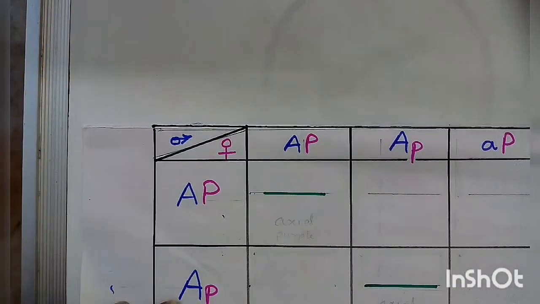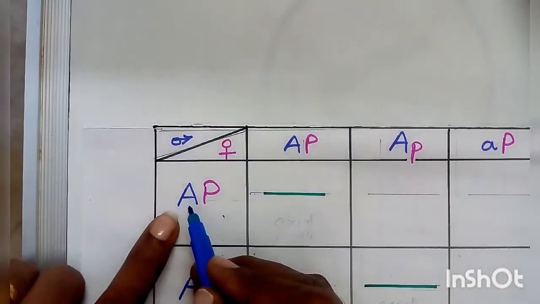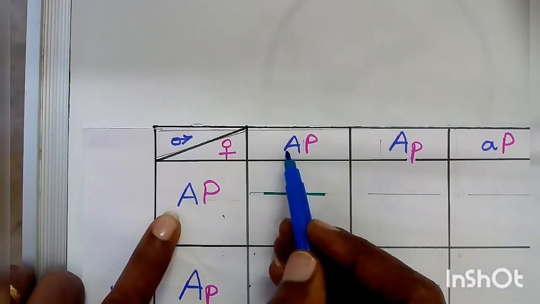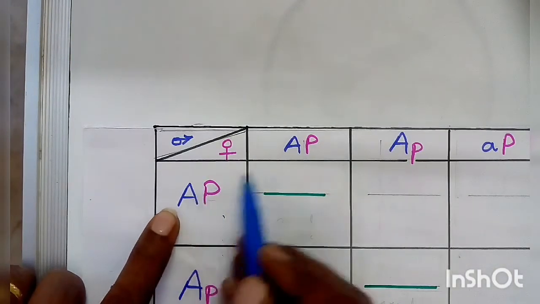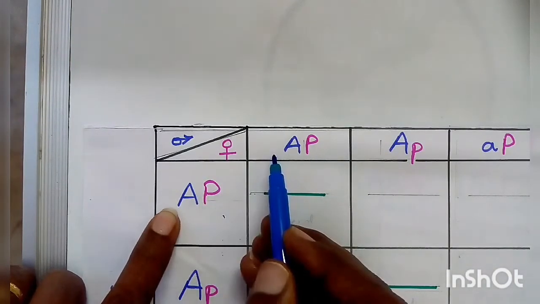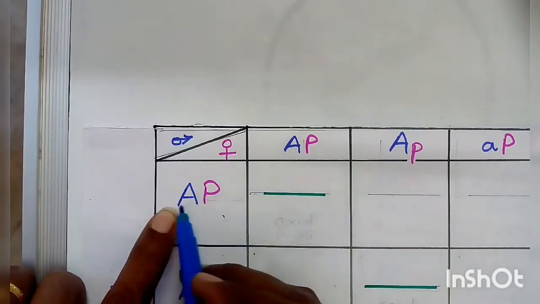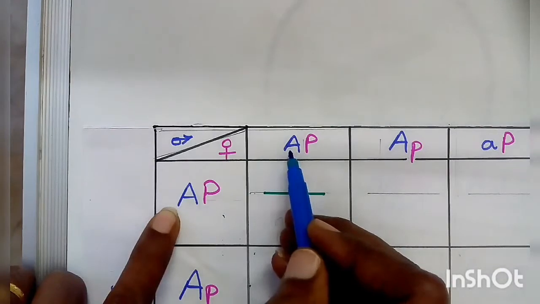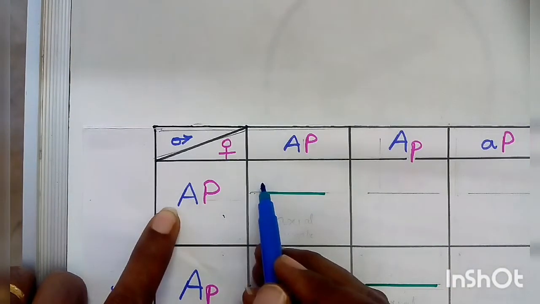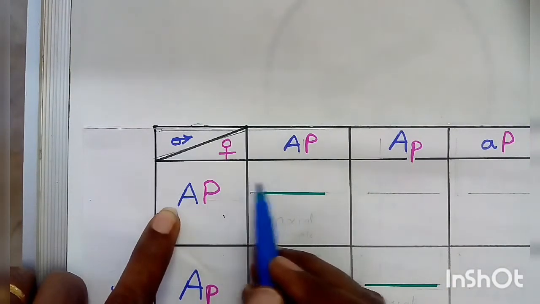See, what you have to do is, this is capital A, this is capital A. What you do in mathematics is A into A, A square. In biology, we don't have to do like this. For A and A, you just have to write the letters side by side.